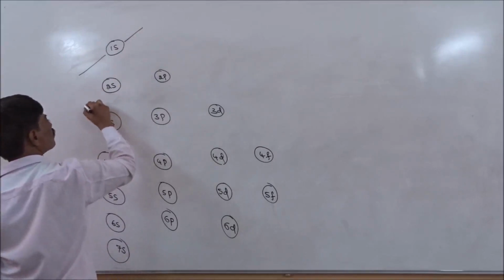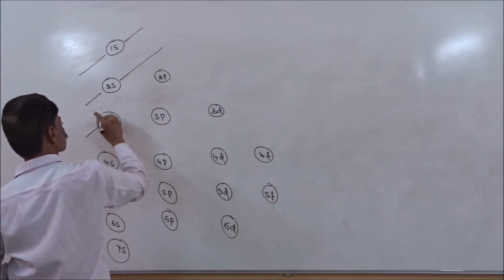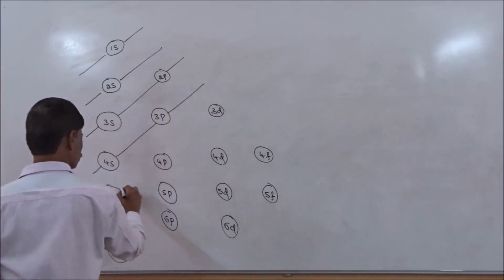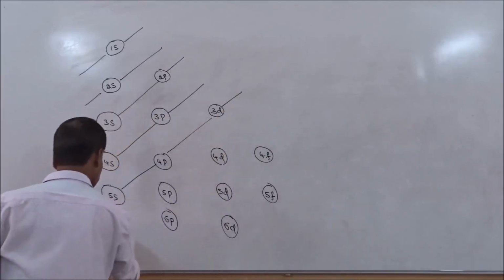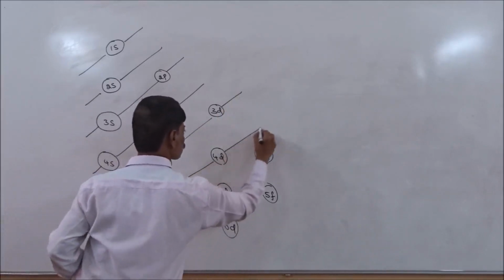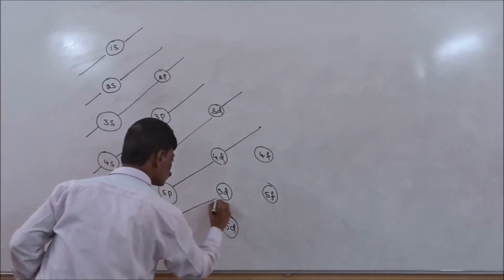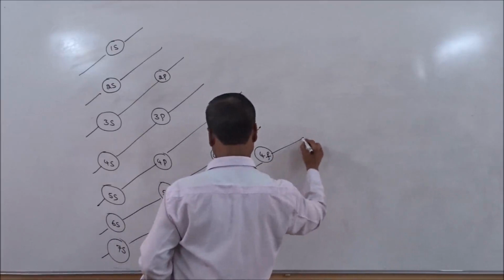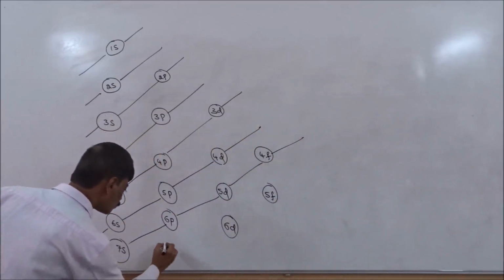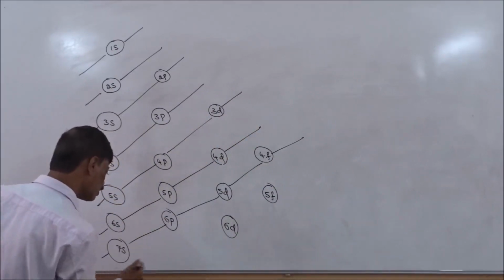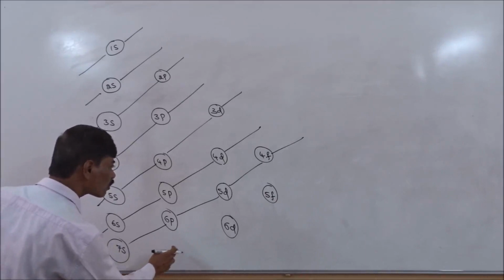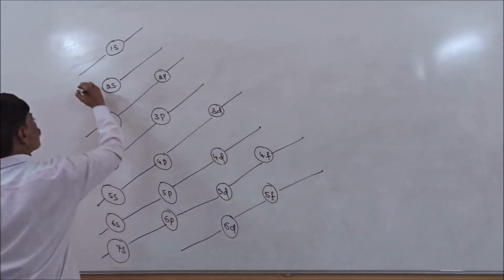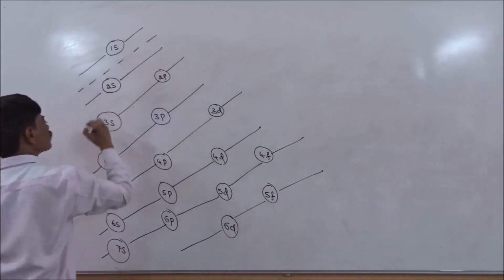First you show the solid lines. Now in between the orbitals, circles, we show the dotted lines.